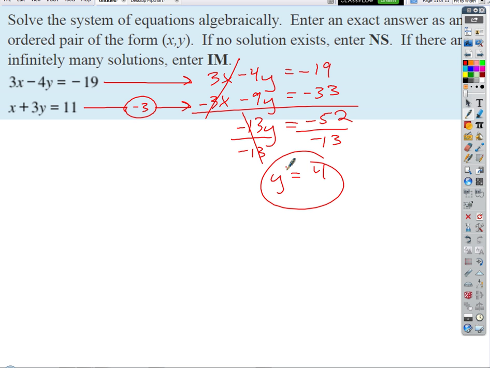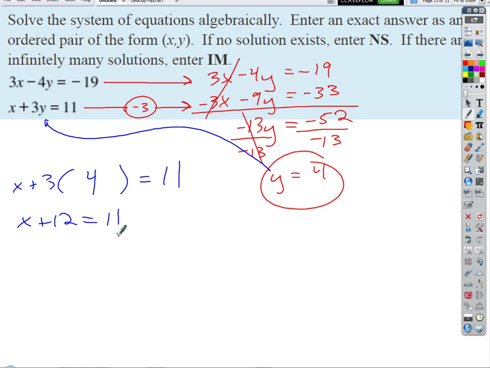Where do I go to find x? Yeah, probably bottom one. If I plug this y value in right there, I get x plus 3 times 4. So x plus 12 equals 11, subtract 12 from both sides and get what?